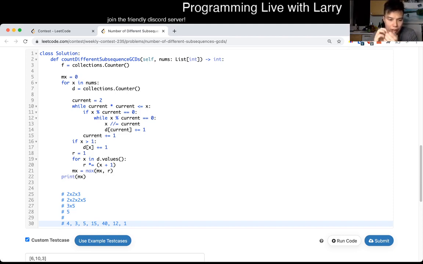So 3 numbers will never make it a better answer. So you're always only looking for pairs of 2s.